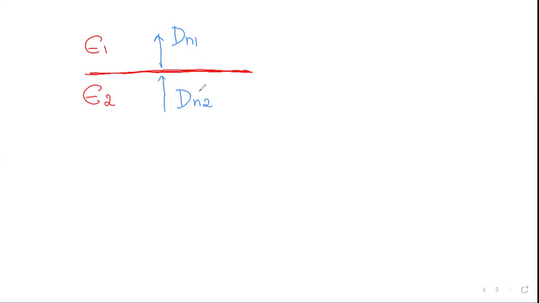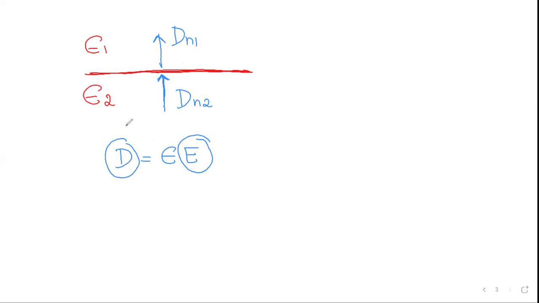Why D? Because then I can use Gauss law, correct? And anyway, D is related to E by this expression. So if I know what happens to D, I will also know what happens to E. So we will continue with Dn1 and Dn2.